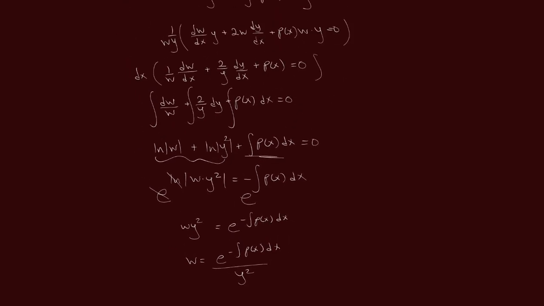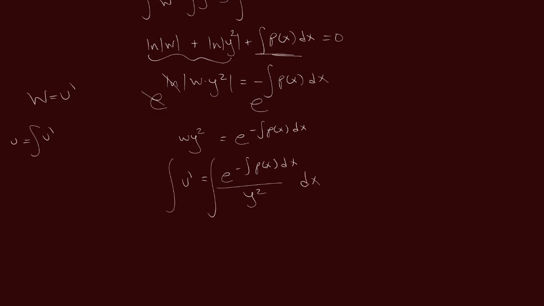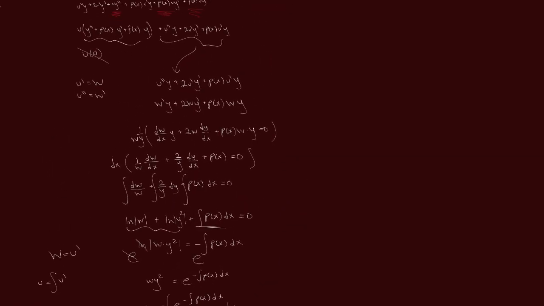And what was w? Recall w was u prime. So we'll put u prime here. And if we integrate u prime, that's equal to u. So we're going to integrate this and integrate this with respect to x. So this turns into u. And what was u?